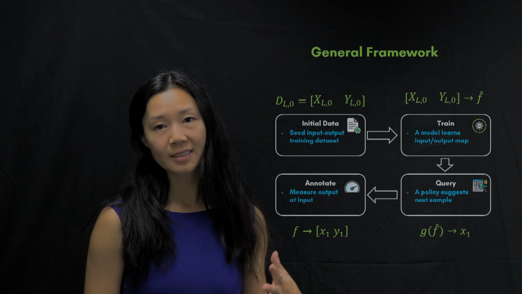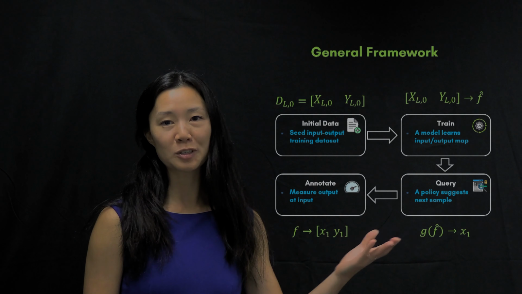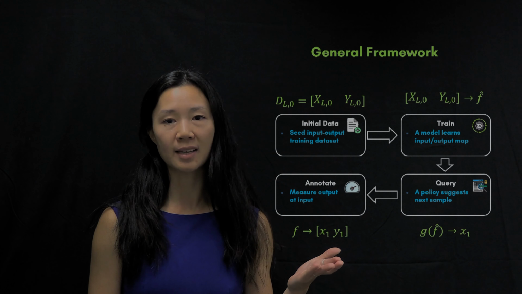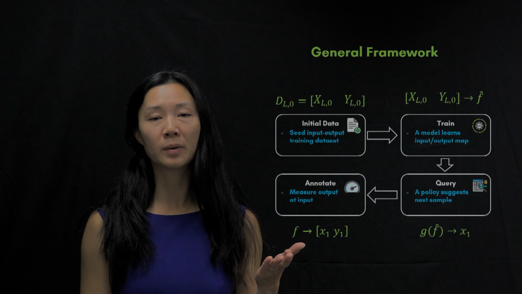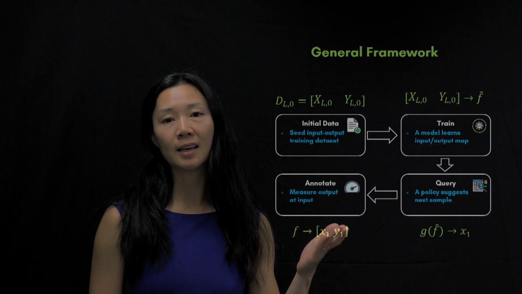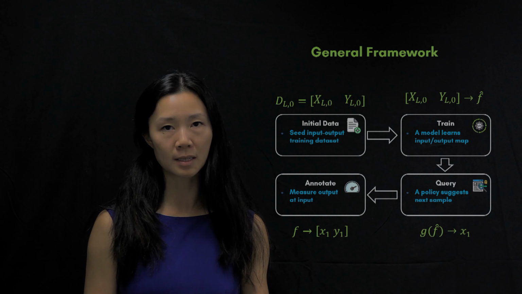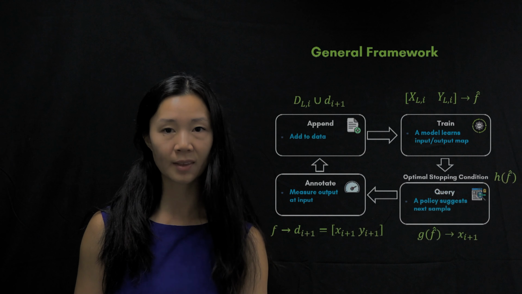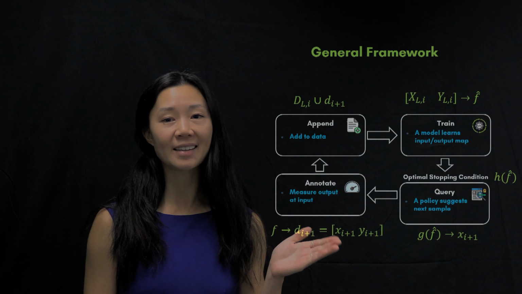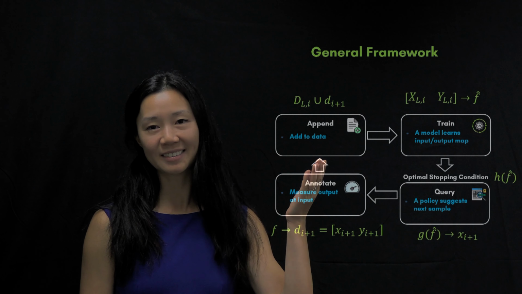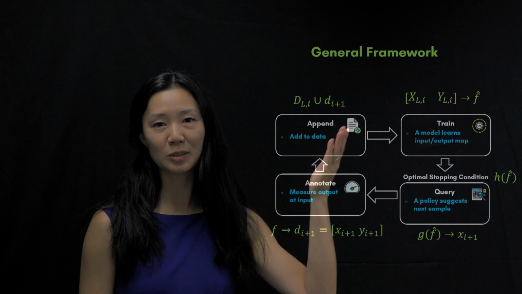So you give that location request over to an annotator, which will then, using the true function, generate the output, so the target output Y associated with your requested input.